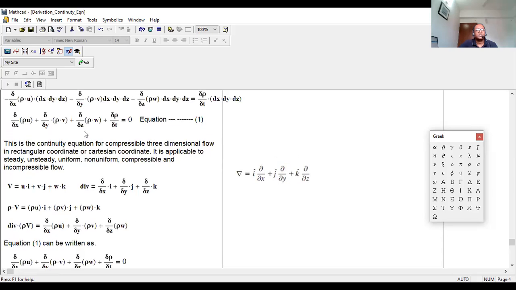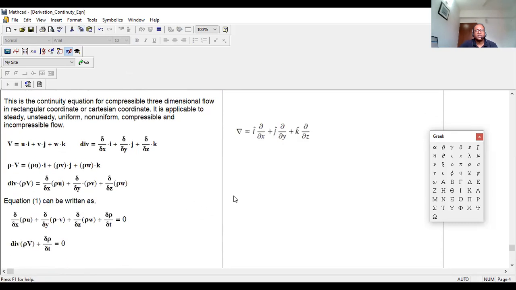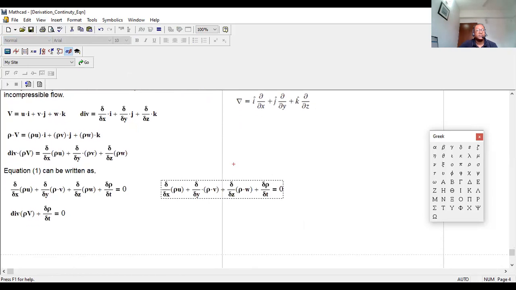At first, we rearrange this equation. Write this one. Okay, we rearrange it. Then we got del dot rho V plus del rho by del t. Okay.